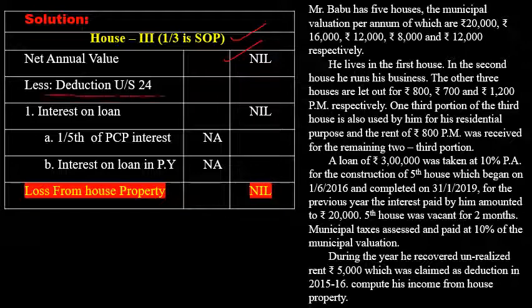Next, deduction under section 24: only one deduction, interest on loan. No loan details are provided here, so interest on loan is considered nil. So there is no income and no loss in the case of this part of the third house, and it is considered nil.